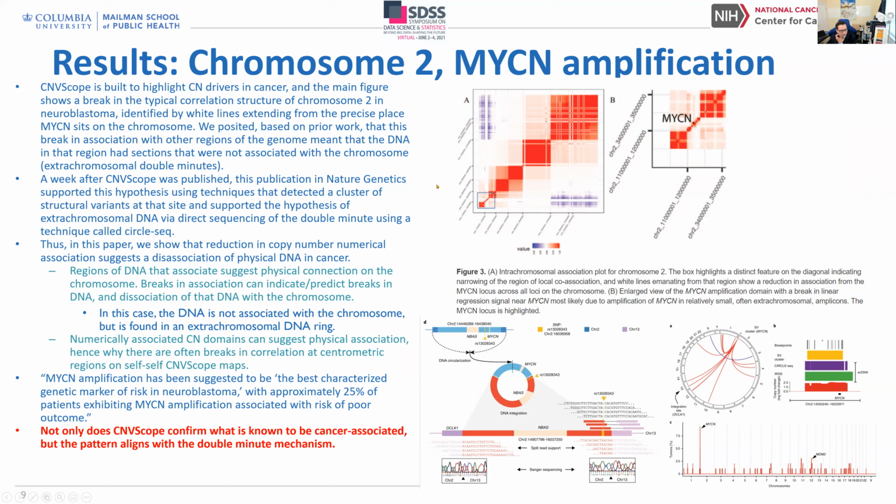So CNVScope not only confirms what's known to be cancer associated, it highlights NMYC, which is a cancer associated gene, but the pattern aligns with the double minute mechanism in the cancer, where this dissociation of copy number association is associated with the dissociation of the physical DNA from the chromosome. And so the DNA becomes associated not with the chromosome, but with these double minute DNA circles, extra chromosomal DNA.